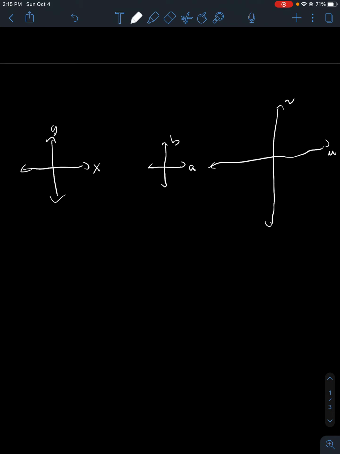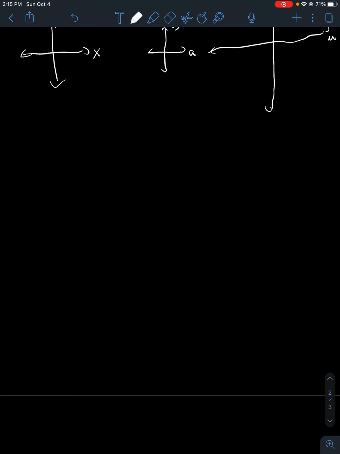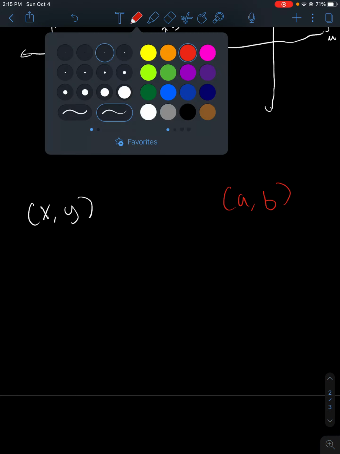But we talk about what happens to the actual x and y axes. What happens to the actual basis vectors? Well, to find that, we have to use the good old multivariable chain rule.